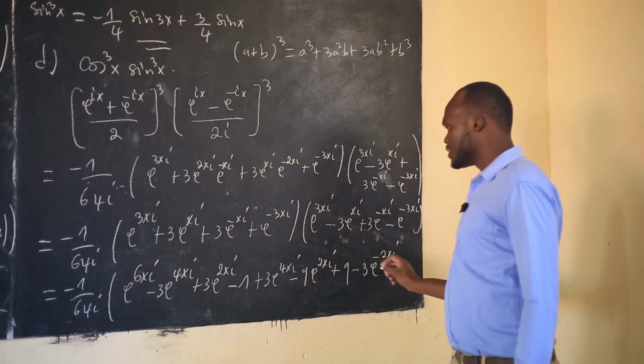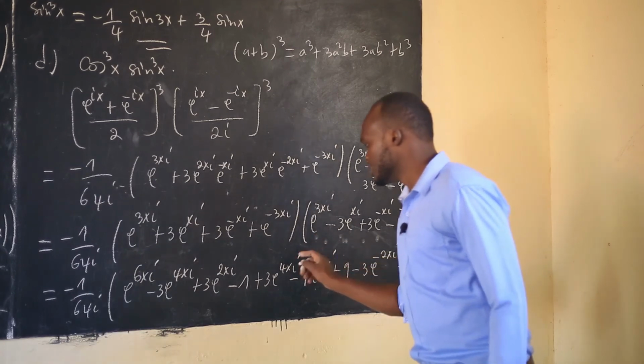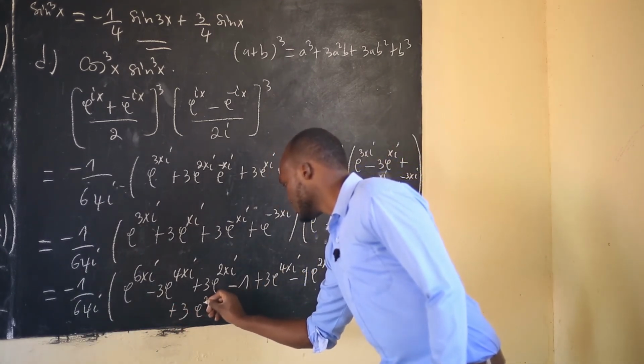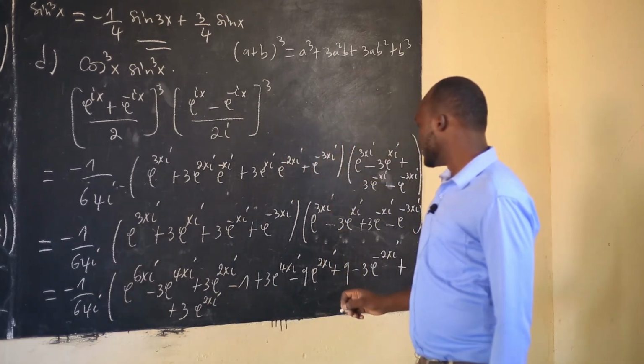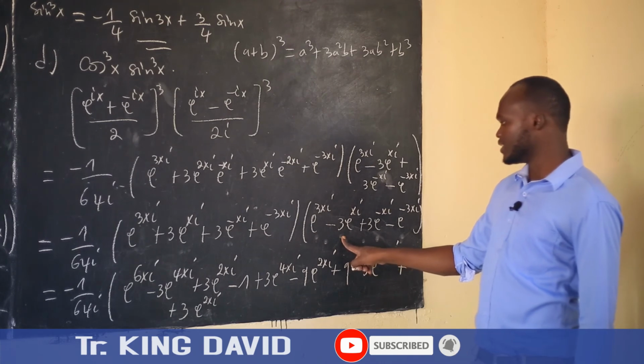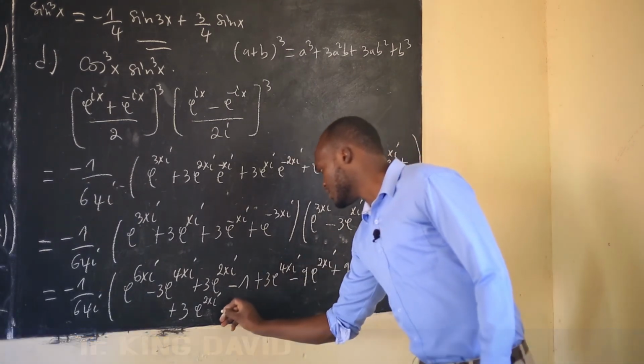Plus 3e^(-xi) times e^(3xi), that is 3e^(2xi). Then 3e^(-xi) times negative 3e^(xi), that's negative 9e^0, which is 1, that's negative 9.